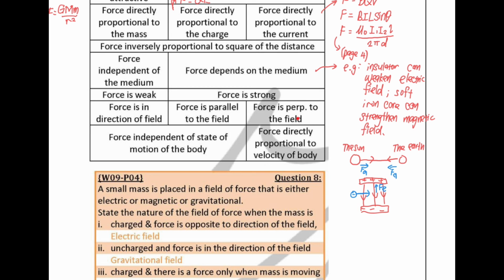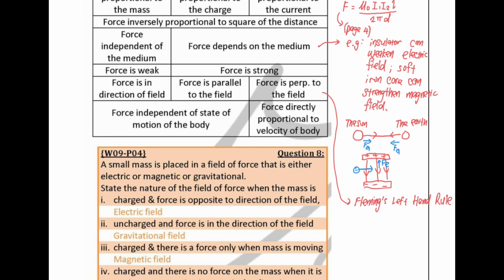You can understand this by considering Fleming's left hand rule, where the force is perpendicular to B, which is the magnetic field, and it is also perpendicular to the current, which is I. So force is perpendicular to the field then.